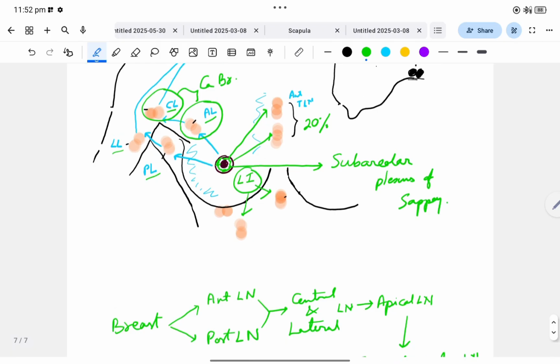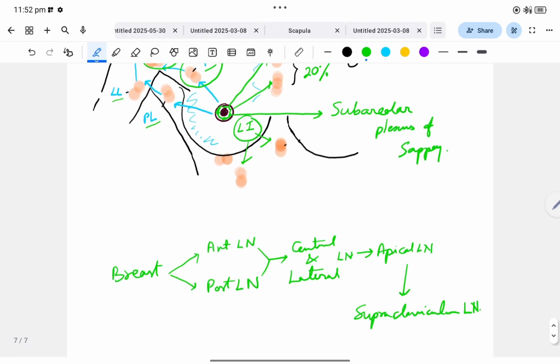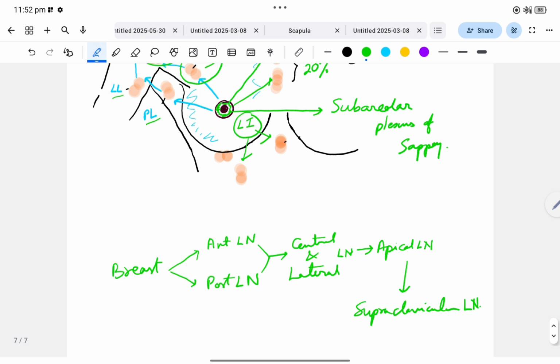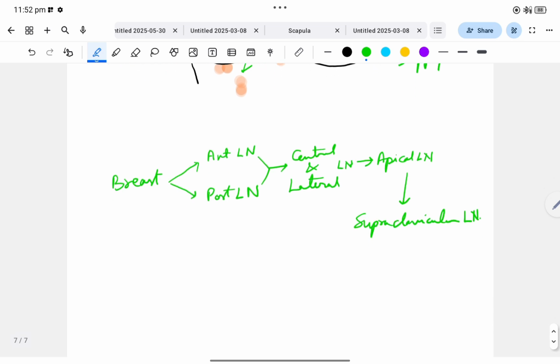Now another part, that is the inner and outer quadrant, are drained to the anterior thoracic lymph node. So we can see that the inner and outer quadrant drain to the anterior thoracic lymph node.